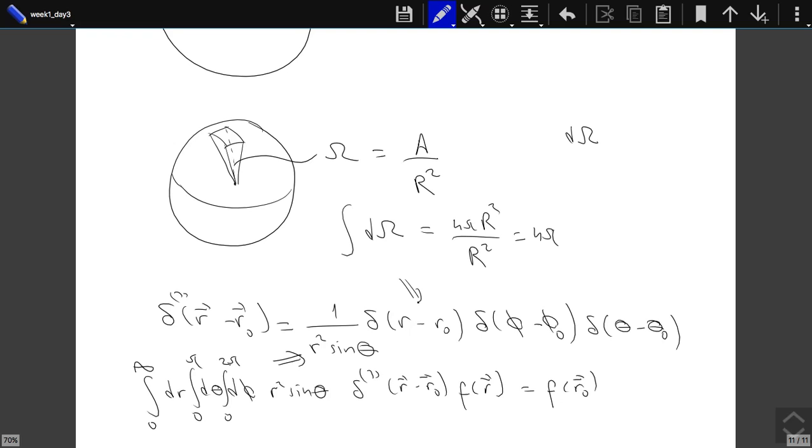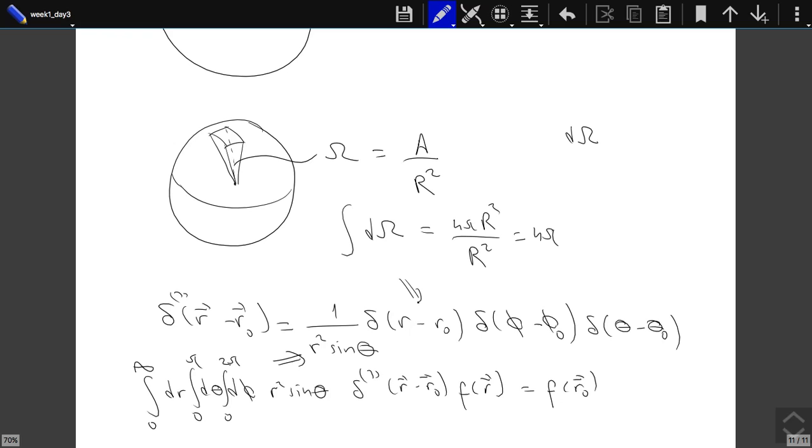What if theta is from 0 to pi over 2? You see, here I'm just considering the case where we are integrating over all space. You don't have to. You can take, let's say the origin is over here, your r0 is somewhere over here, and you are integrating over this volume over here, then the integral is 0.